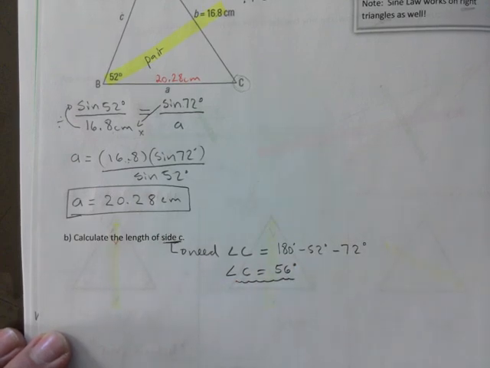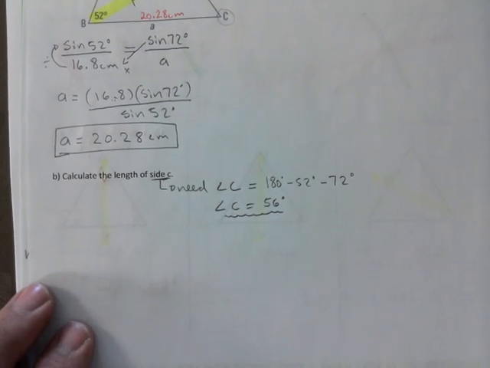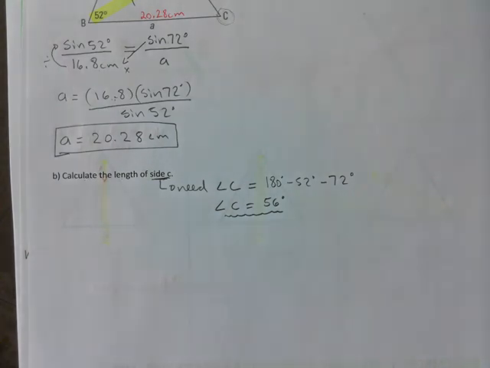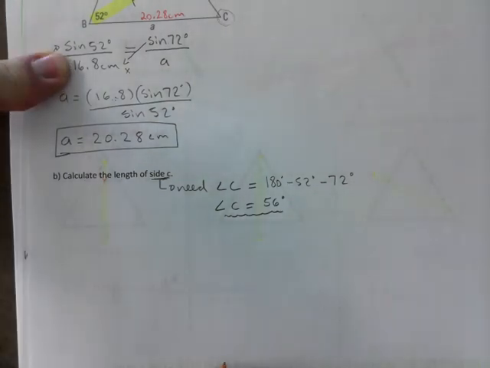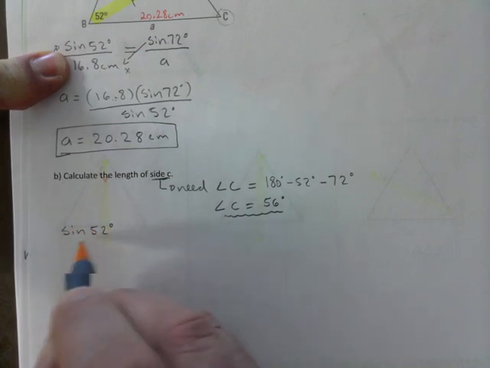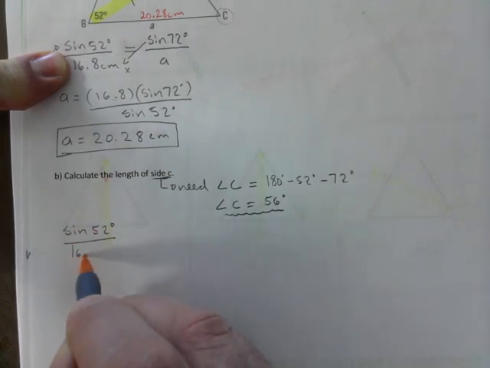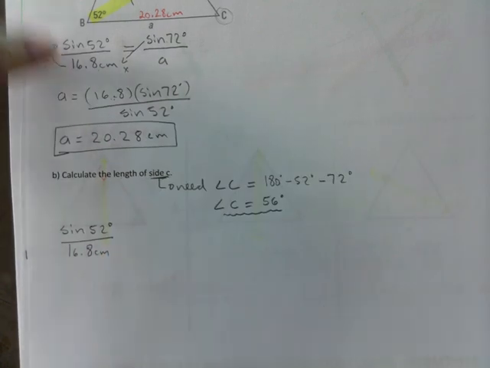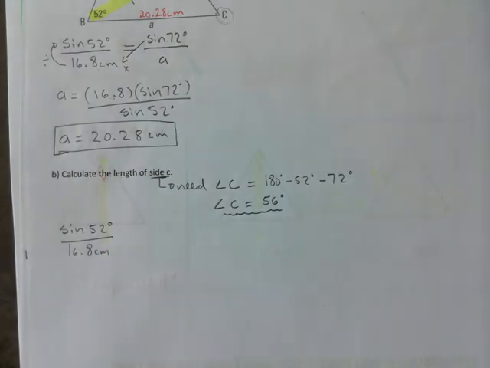That's angle C, but I need it. And watch what I'm going to start with again, guys. You know that pair that I knew right from the beginning? That's the one I'm going to use again. Okay, that's the one I'm going to be using again.